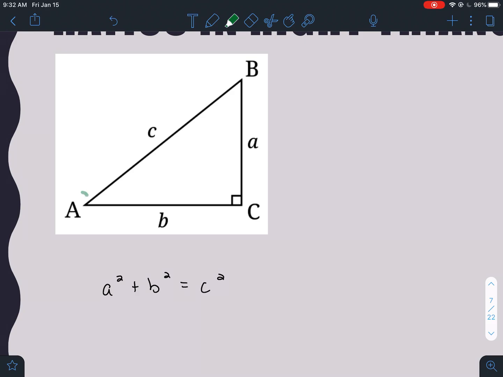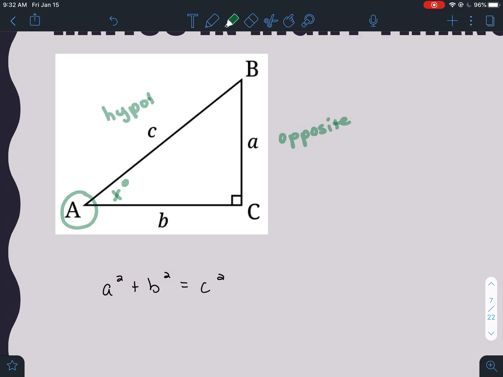So for instance, if we look at angle A, I can label the sides in relationship to that angle A. Let's just say that that angle down here is x degrees. We know that across from angle A, we have side A, and we call that the opposite side because it's opposite of angle A. It's across from angle A. Well, C always has the same name.